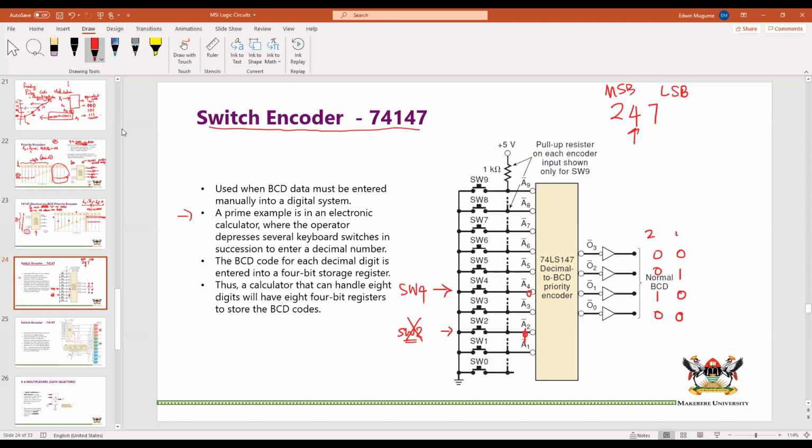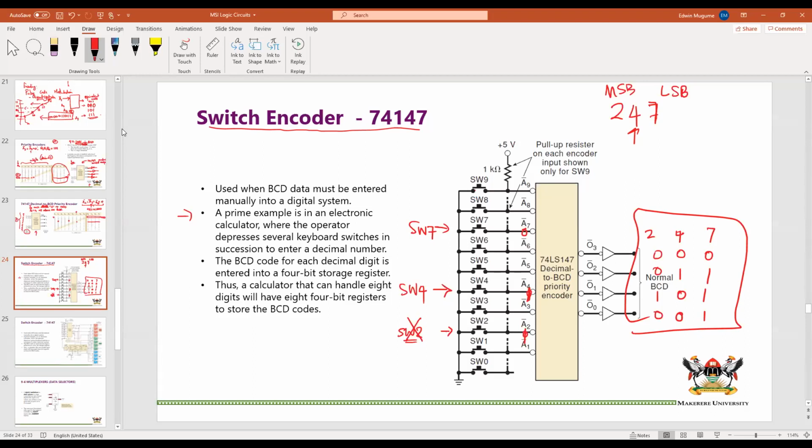This is 2, 4. And now you release 4. When you release 4, that goes back to 1. And you come and press SW7 to encode digit 7. When you press it, a 0 goes in there, and that will give you 0, 1, 1, 1.